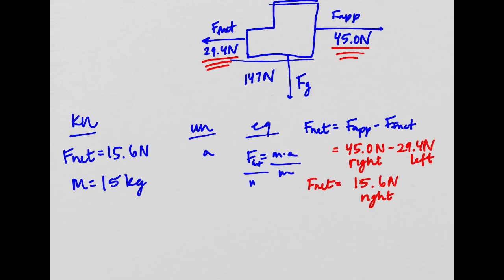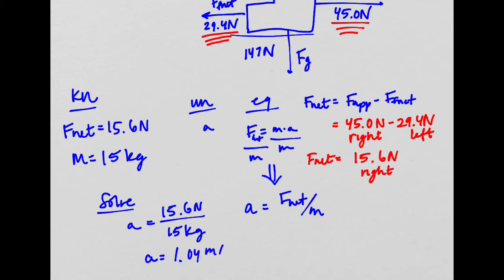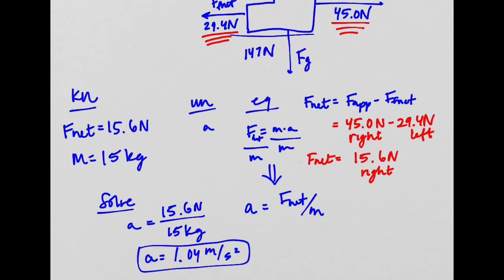Divide both sides by mass: acceleration equals net force divided by mass. If I plug that in, I get acceleration equals 15.6 newtons divided by 15 kilograms. This gives us an acceleration of 1.04 meters per second squared. All right, there is our first step. We have only found our acceleration so far.